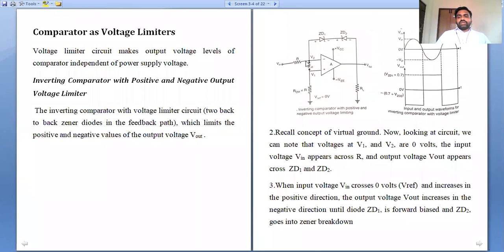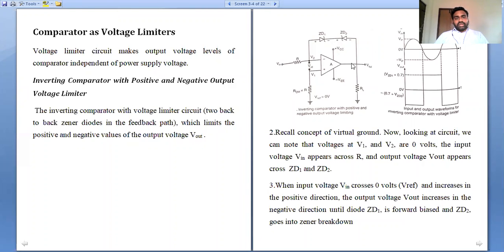This inverting comparator in the application of voltage limiter circuit has two back-to-back Zener diodes. This will limit the positive as well as negative values of the output voltage. By applying the Zener diodes in forward bias condition and in reverse bias condition, the output voltage will be limited.